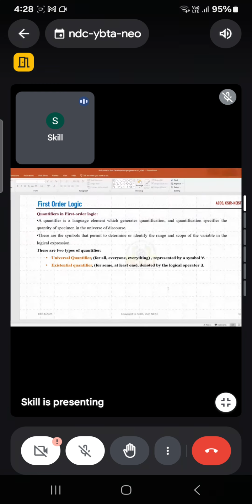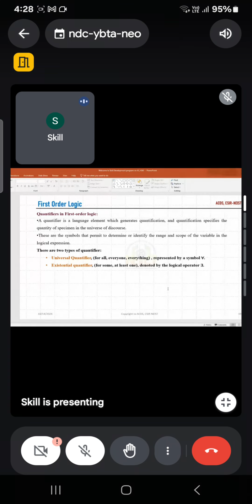Next, moving on to quantifiers. Quantifiers are the symbols to determine or identify the range and scope of a variable in a logical expression. The quantifier explains more about the quantity of the specimen in the universe of discourse. It tells about the range or the scope, meaning how many and how much.